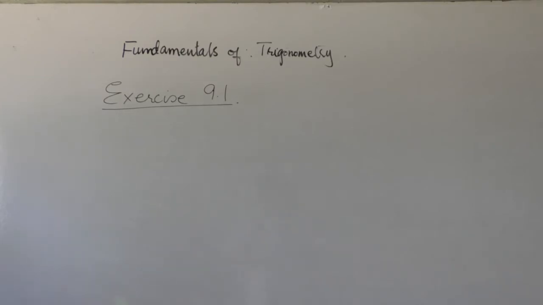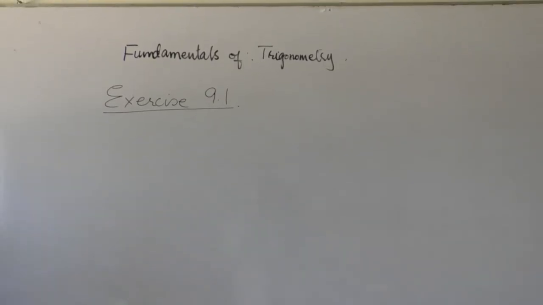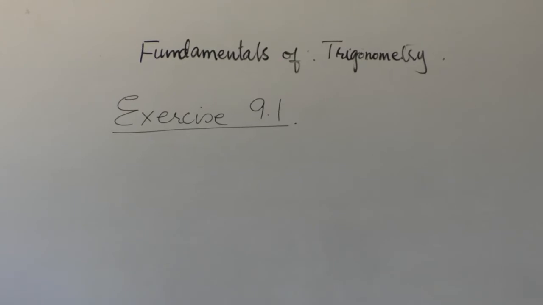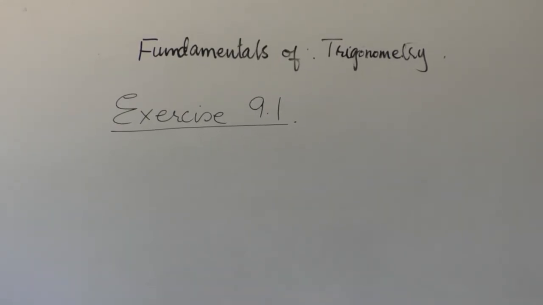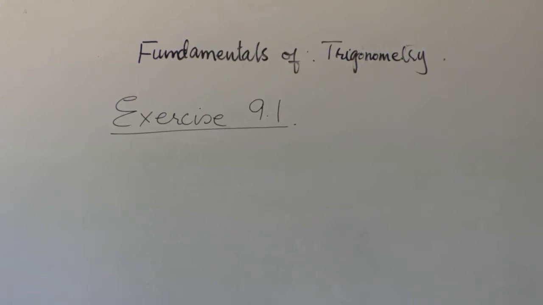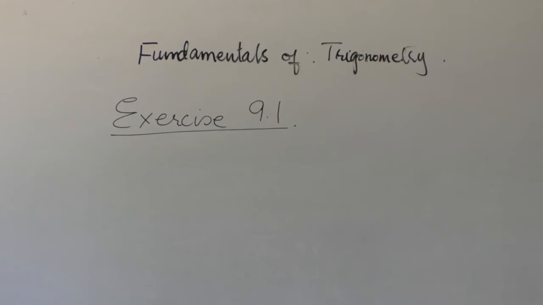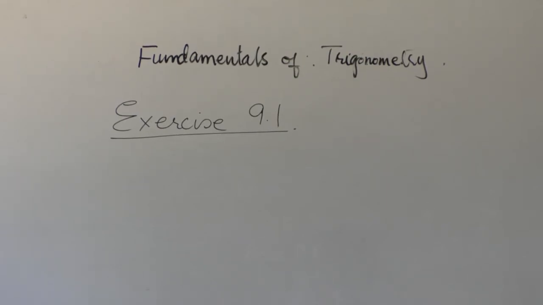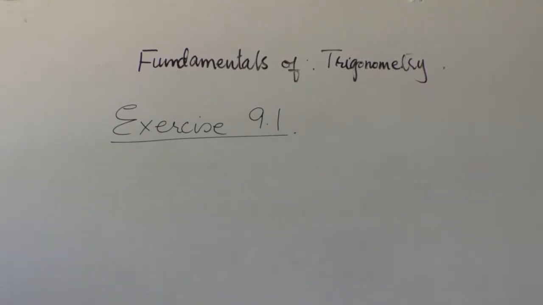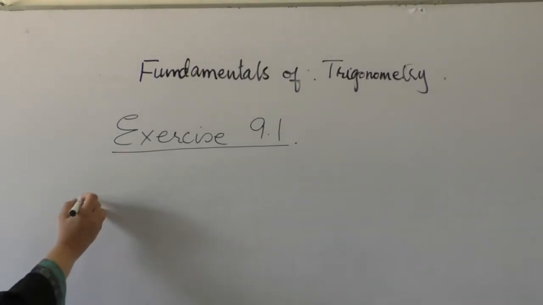Let's start with question number 1. I will solve 2 or 3 parts from this question. Rest of the parts you will solve yourself. Let's have the first one. First one is 30 degree. 30 degree, we need to convert it into radian.